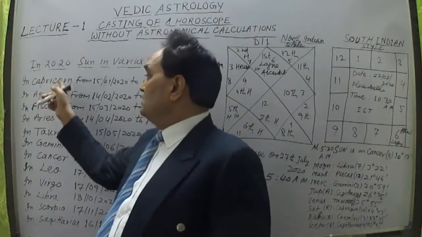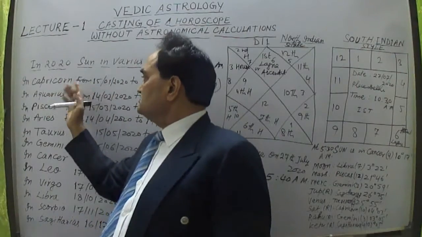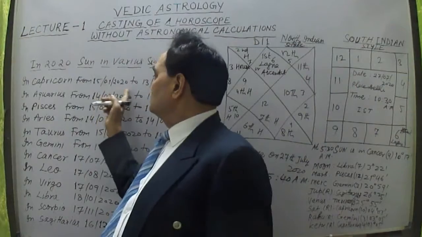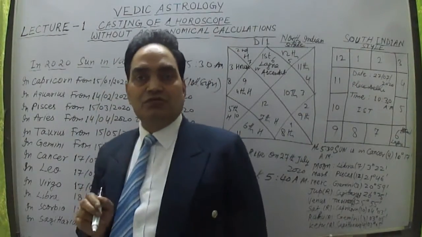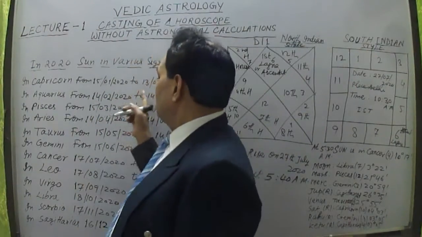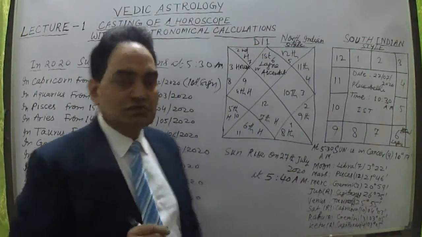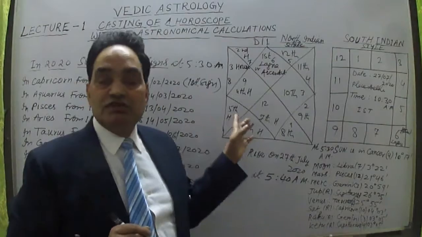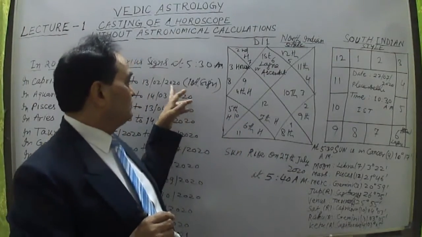The sun entered Capricorn on 15th of January 2020, which is Makar Sankranti, and then it remained in Capricorn from 15th of January to 13th of February 2020.